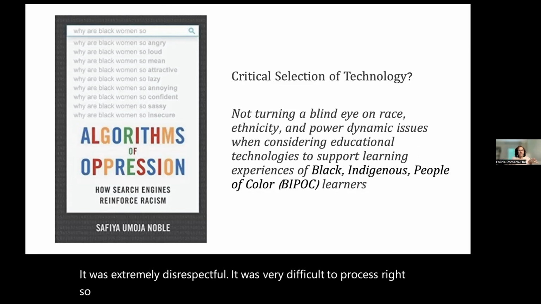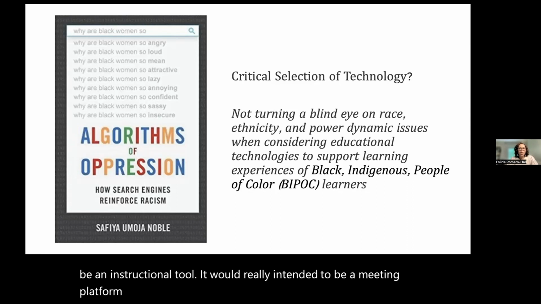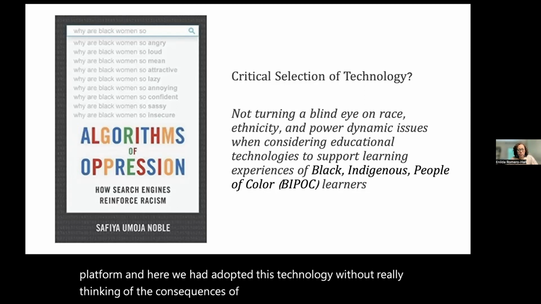So that happened because Zoom was never really intended to be an instructional tool. It was really intended to be a meeting platform. And here we had adopted this technology without really thinking of the consequences of using it for instructional purposes.